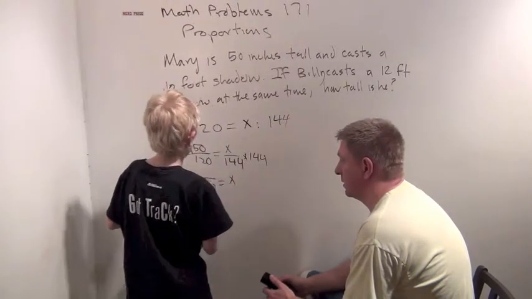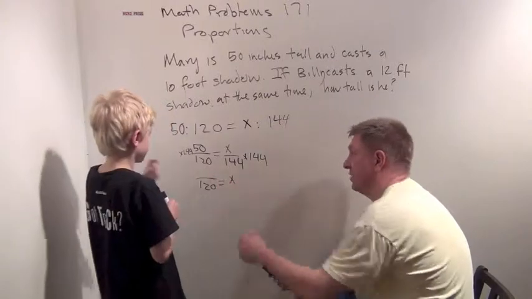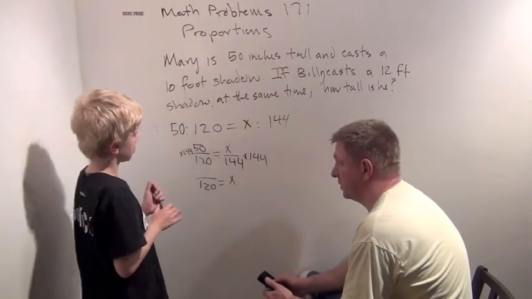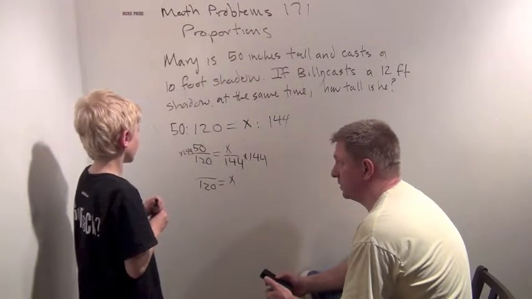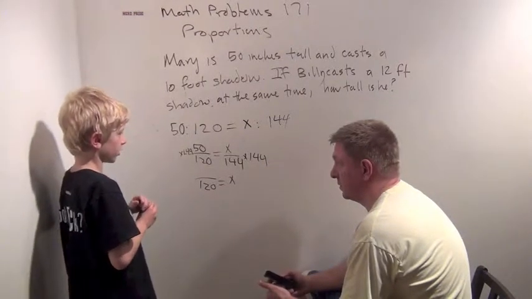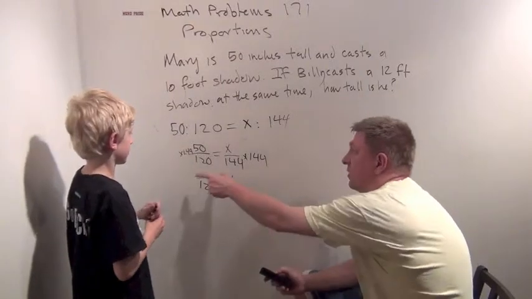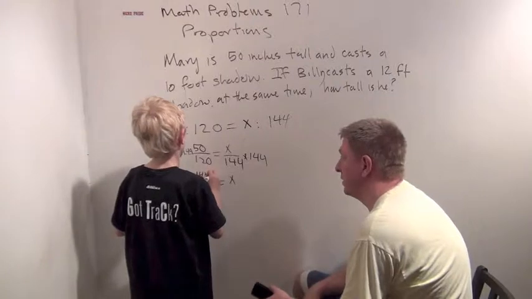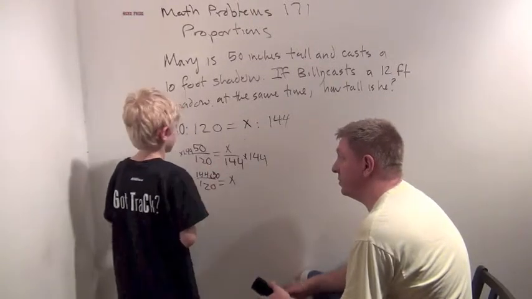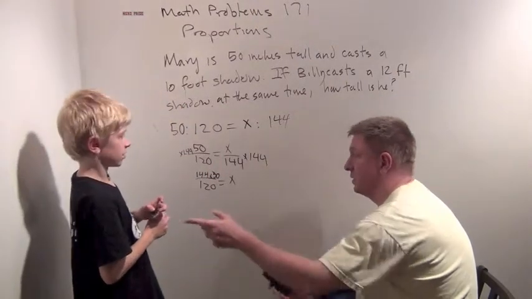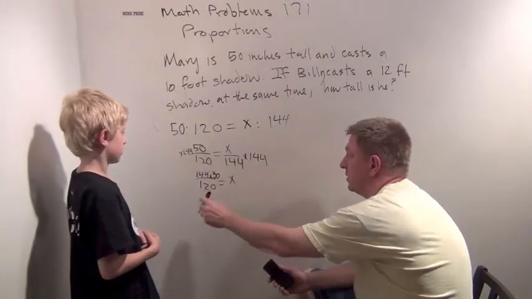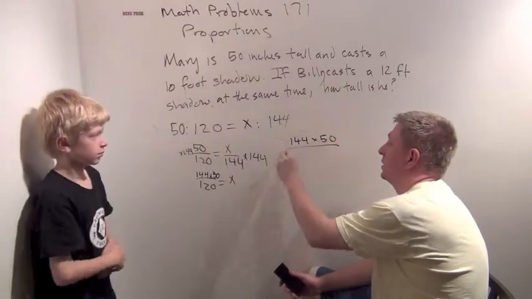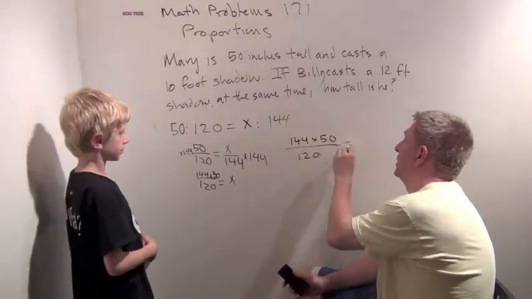The top of this fraction is 144 times 50. You don't need to multiply out. Remember our rule is simplify before you multiply. I'll write it over here: 144 times 50 over 120 equals x.